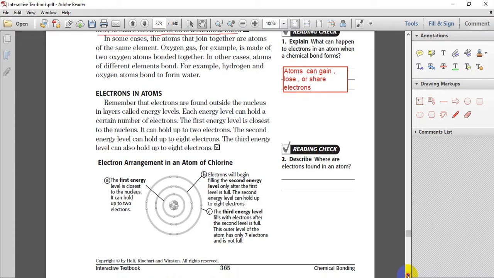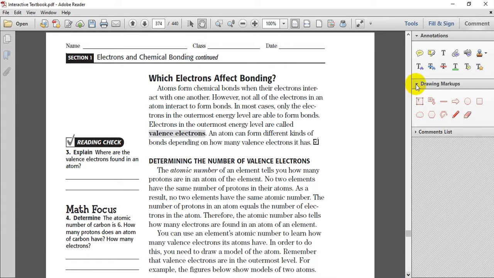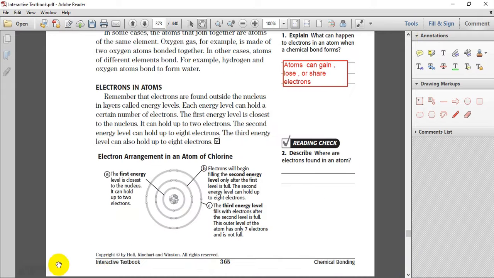Okay, let's go to the next part, electrons in atoms. As we said before also, electrons are found inside the atom in layers, and these layers are called energy levels.